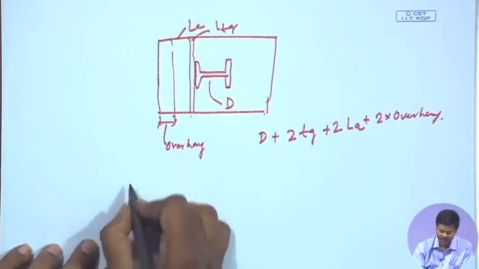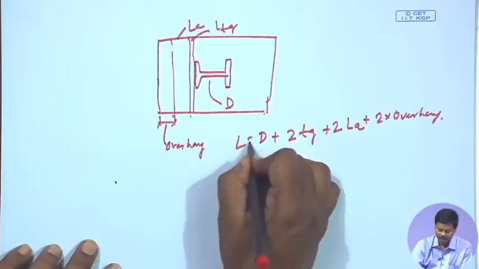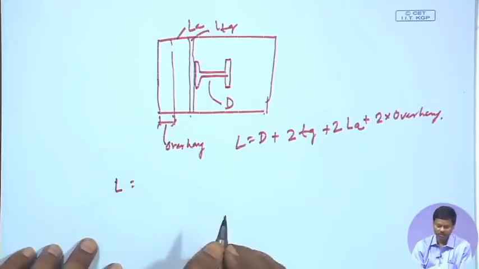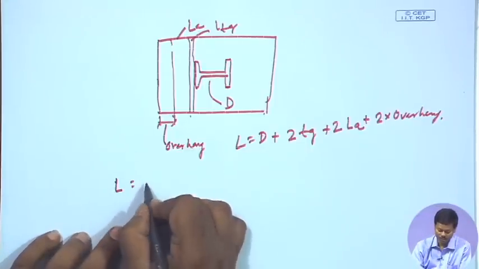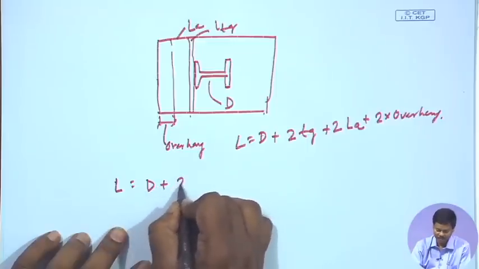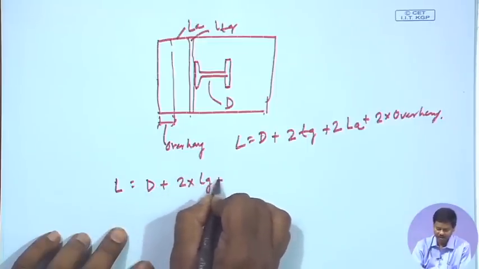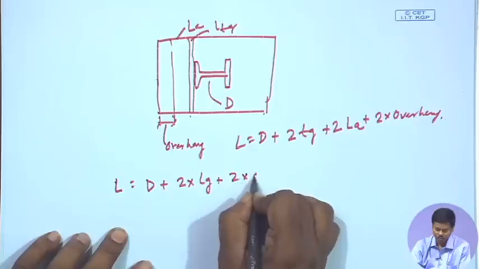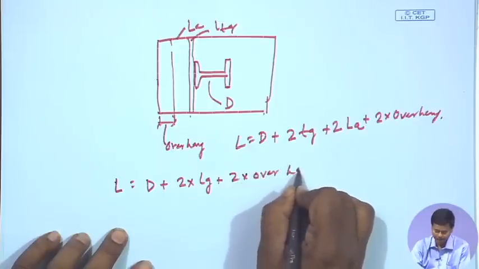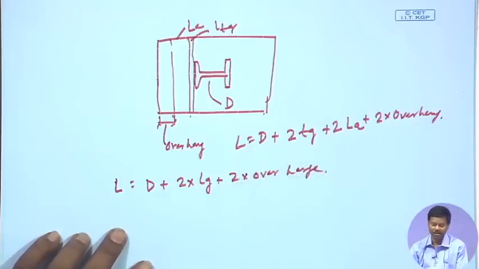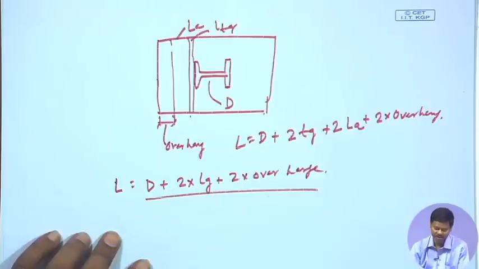and for the welded section, there will be no gusset angle. So, the total length will be the total depth plus 2 into thickness of the gusset plate plus 2 into overhang. So, this is how the length will be decided.